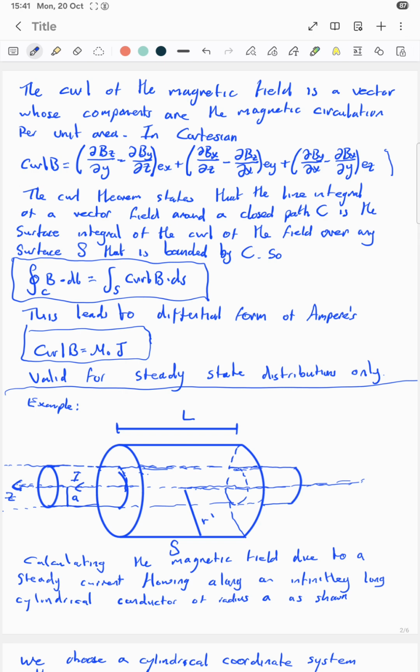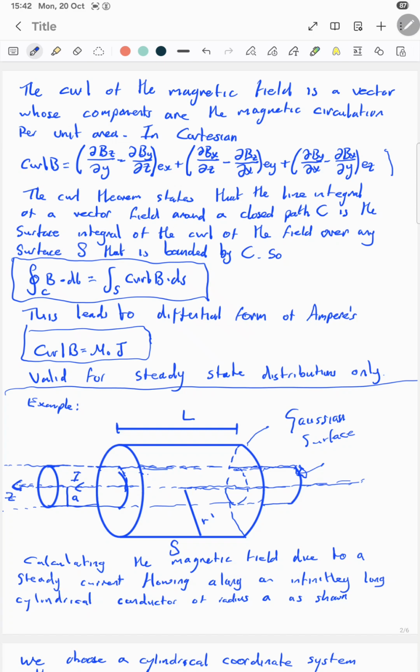Here's a cylinder. This cylinder here is a Gaussian surface. It exists purely as a mathematical object, and the current carrying rod is here, and this is supposed to represent a physical and actual thing.